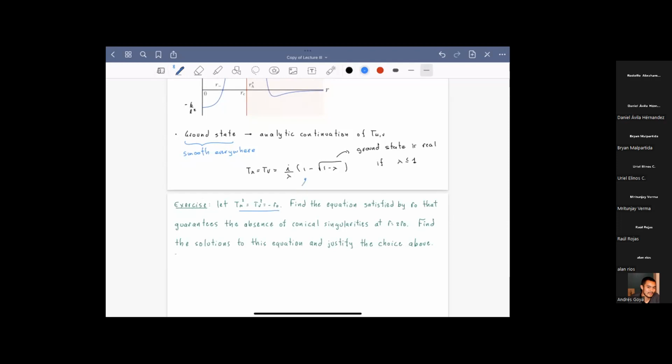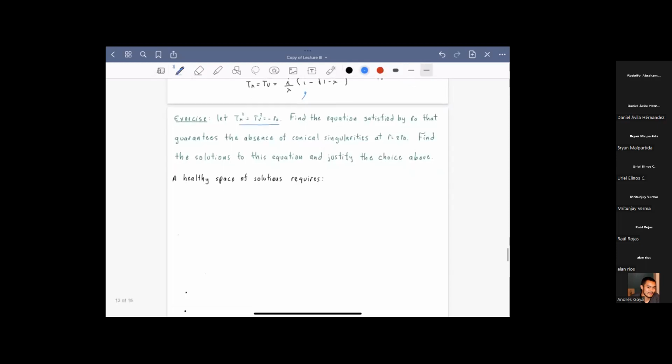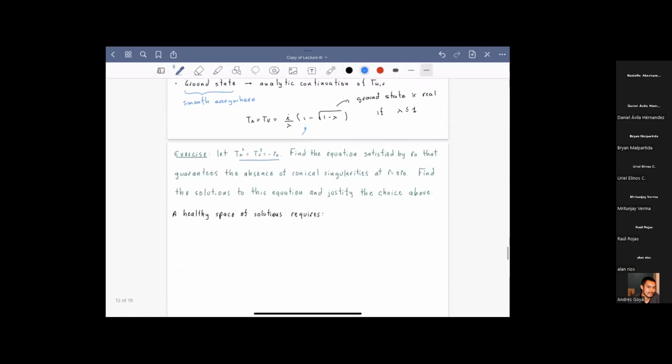And there are two, because there's a square root, you're going to get two solutions, and you have to justify why we choose this one instead of the other one. So what we learn by just looking at the geometry is that a healthy space of solutions requires lambda to be greater than or equal to 0, but also to be less than or equal to 1.